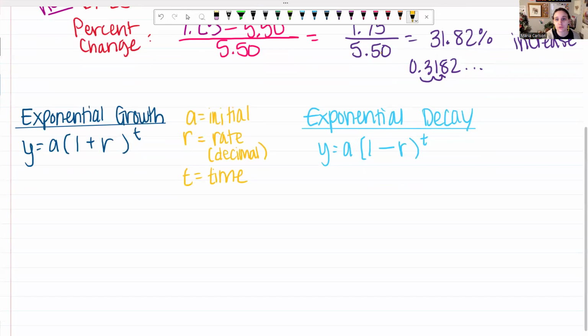So with exponential growth, you'll note that this 1 plus r will result in a factor that is bigger than 1, a b value that is bigger than 1, whereas 1 minus r will produce a b value that's between 0 and 1.